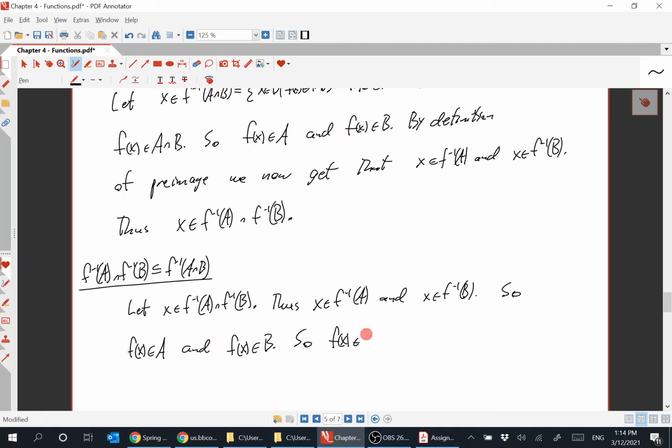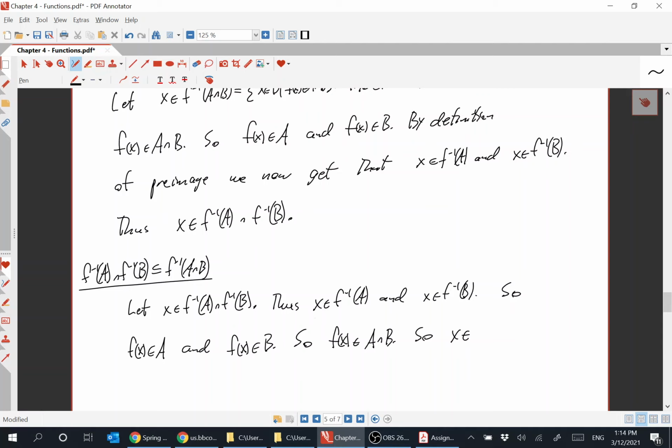A intersection B. So, f of x is in A intersection B, so x is in the domain. x is in the domain, but what part of the domain having to do with A intersection B?